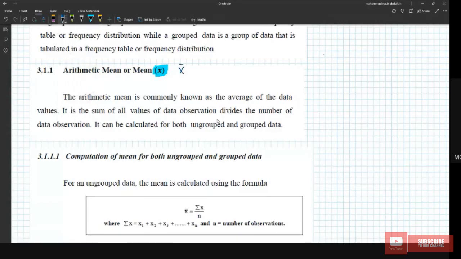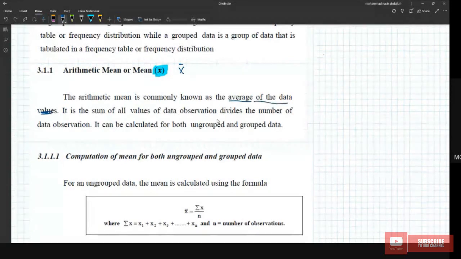Mean is commonly known as the average of the data values. It is actually the sum of all values of data divided by the number of data observations.